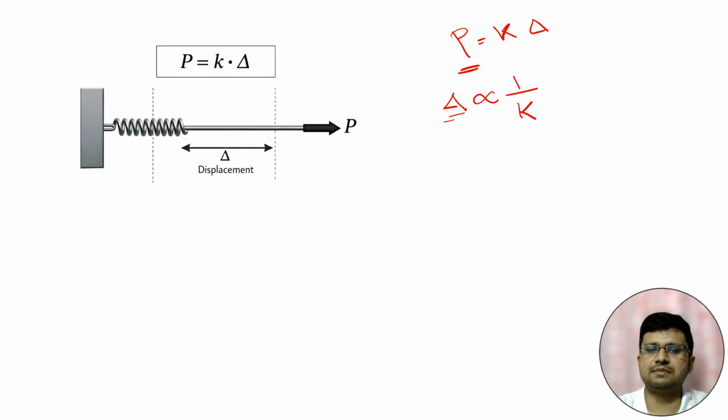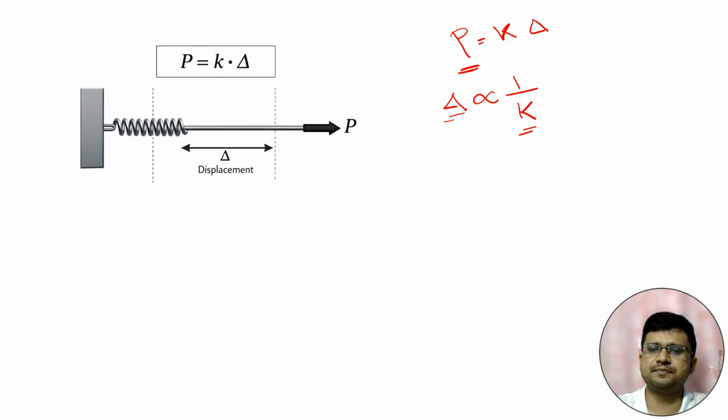If we apply the same amount of force, but the spring is less stiff, the displacement will be more. If it is more stiff, then displacement will be less. So this is the basic concept of stiffness.